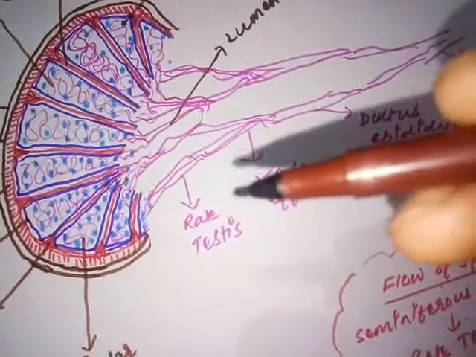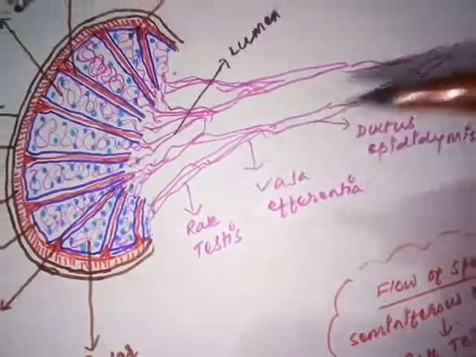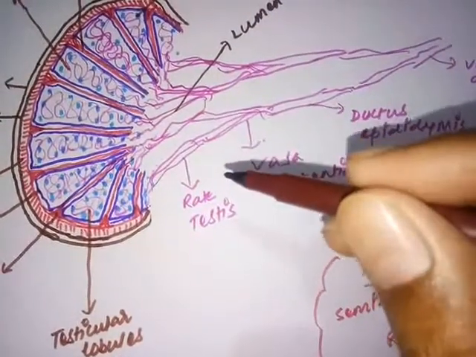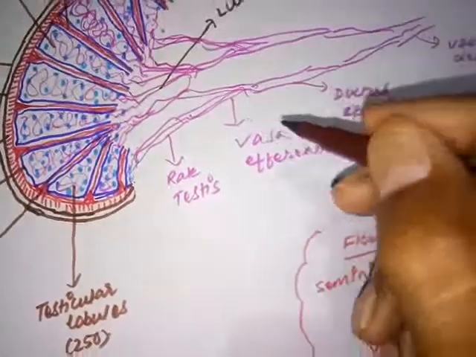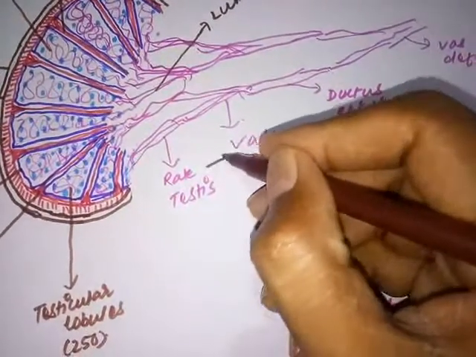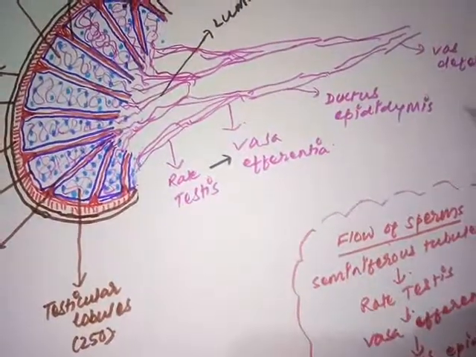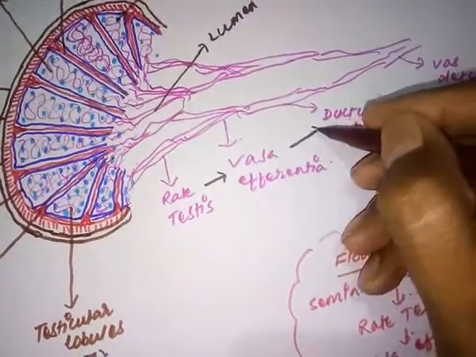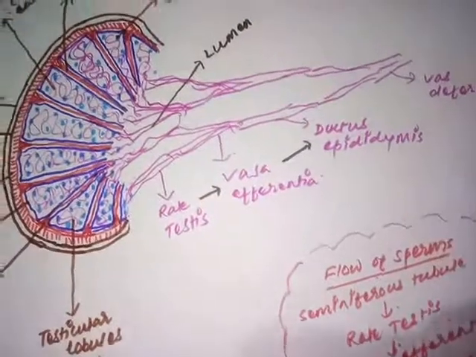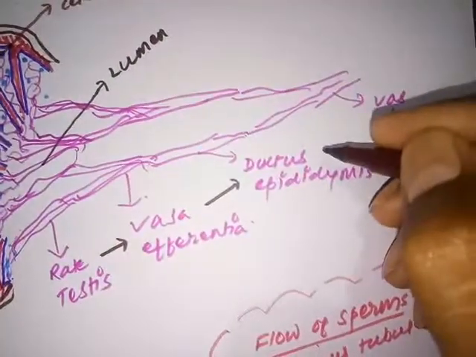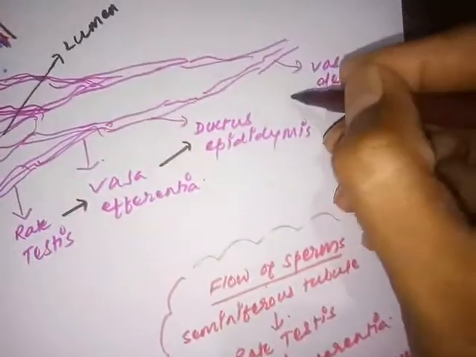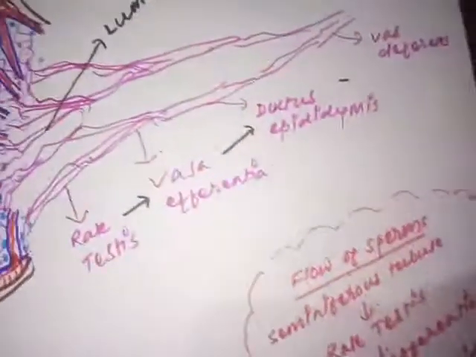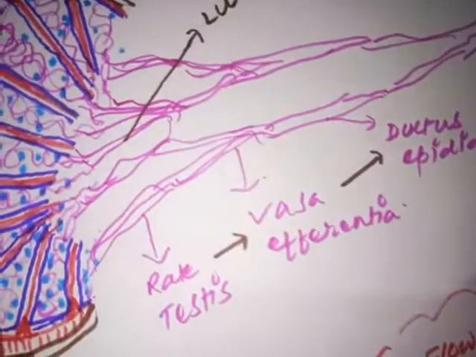Now the process of combination of these tubules begins. The combination of seminiferous tubules leads to the formation of rete testis. Now the combination of rete testis will form what? Vasa efferentia. Due to the union of the vasa efferentia, the ductus epididymis will be produced, and finally, due to the union of the ductus epididymis, the vas deferens will be produced.